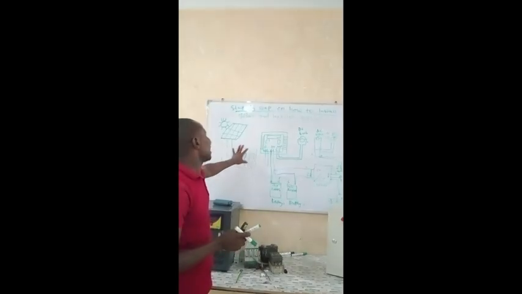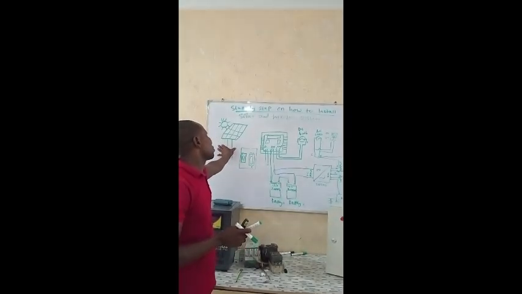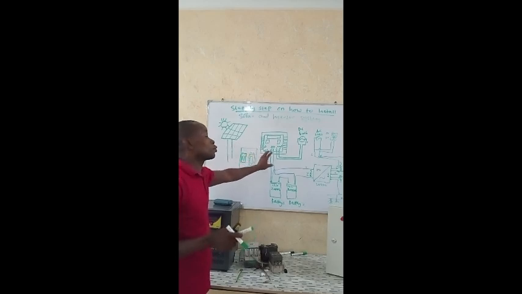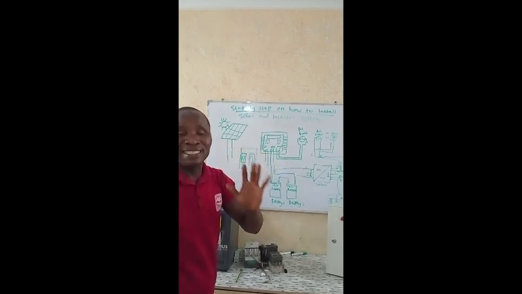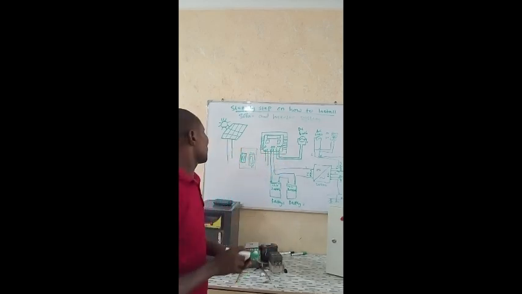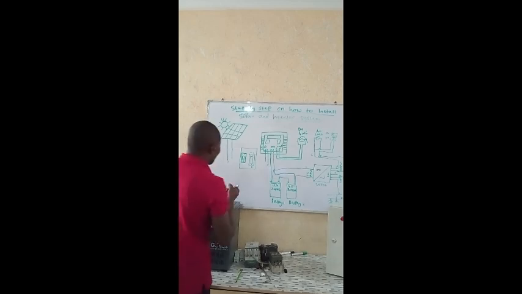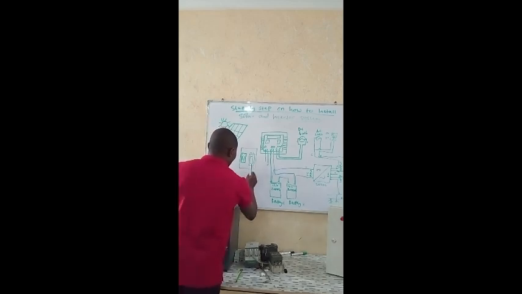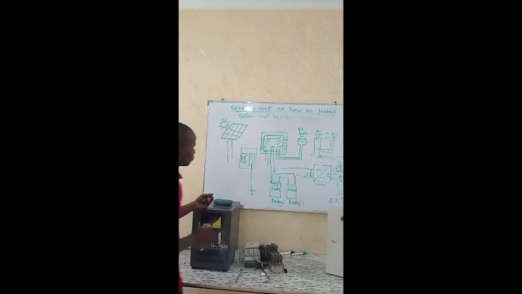Anything in this box, provided it serves as an intermediate between the panel and the charge controller, is going to be DC. Now, your earth continuity, this one goes straight to the ground, the earthing system in the building.